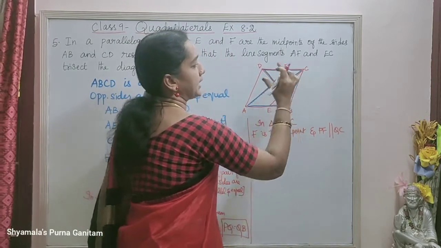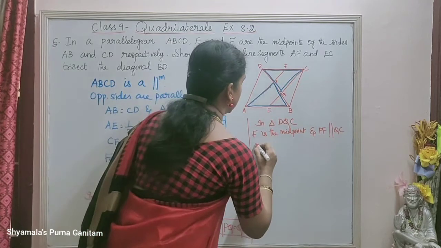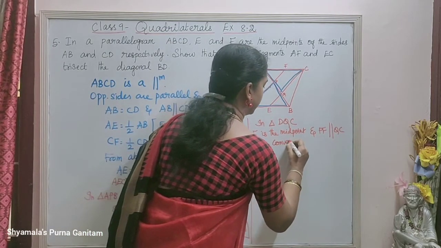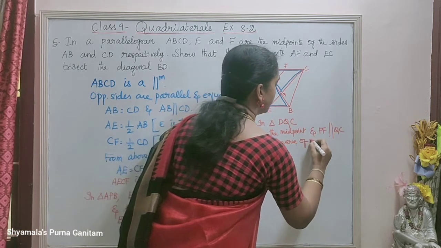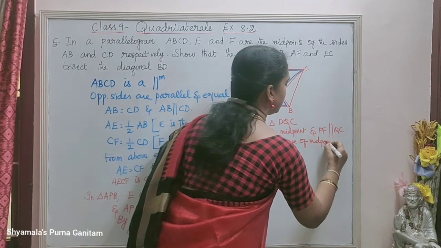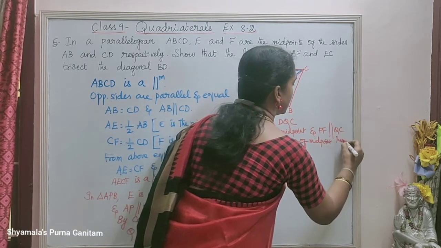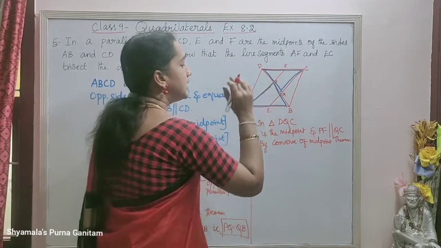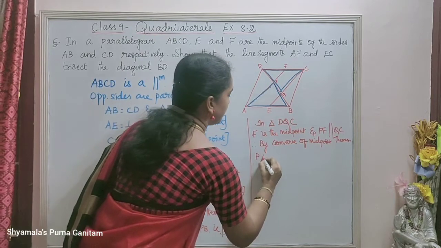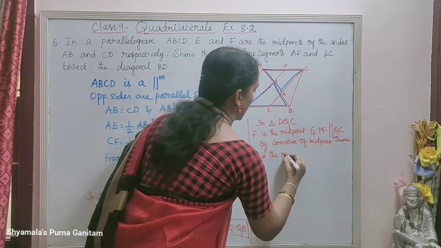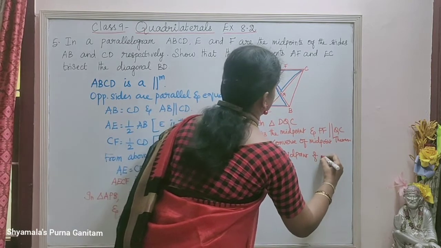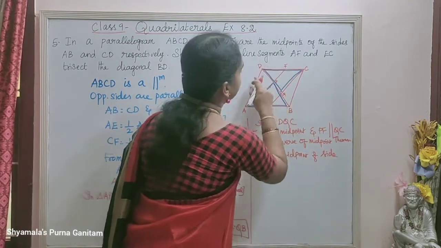Therefore, by the converse of the midpoint theorem, we can say that P is the midpoint of side DQ.